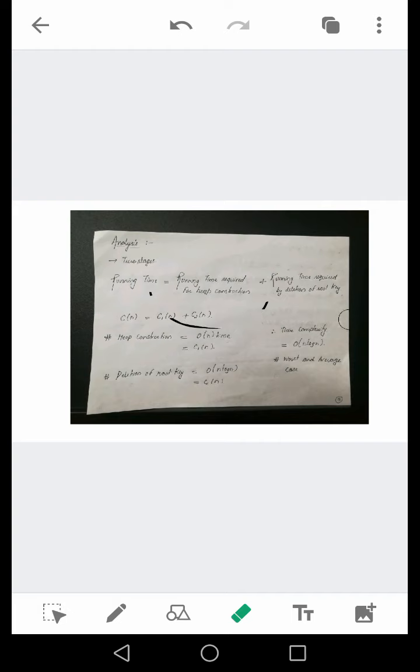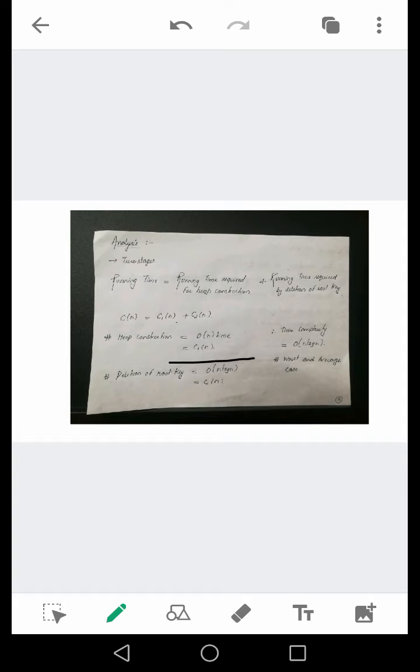Mathematically we can write one equation for this, which is like this: C of n is equal to C1 of n plus C2 of n. So the heap construction requires the order of n time, which is the value of C1 of n.